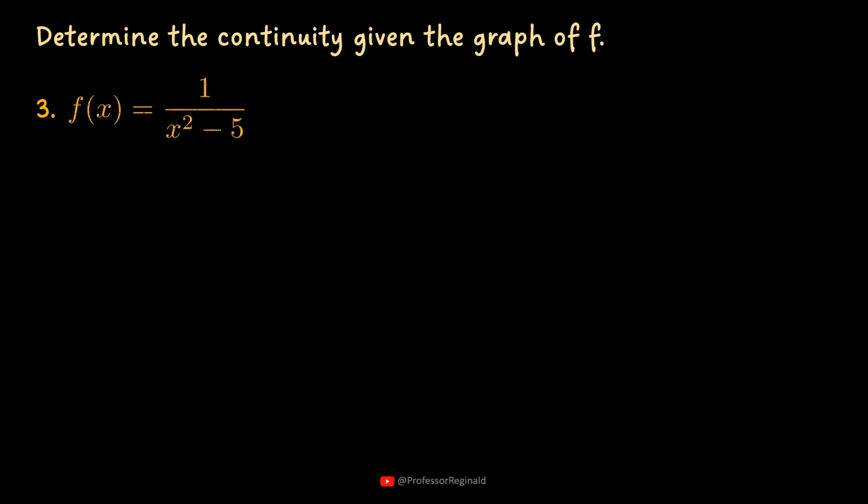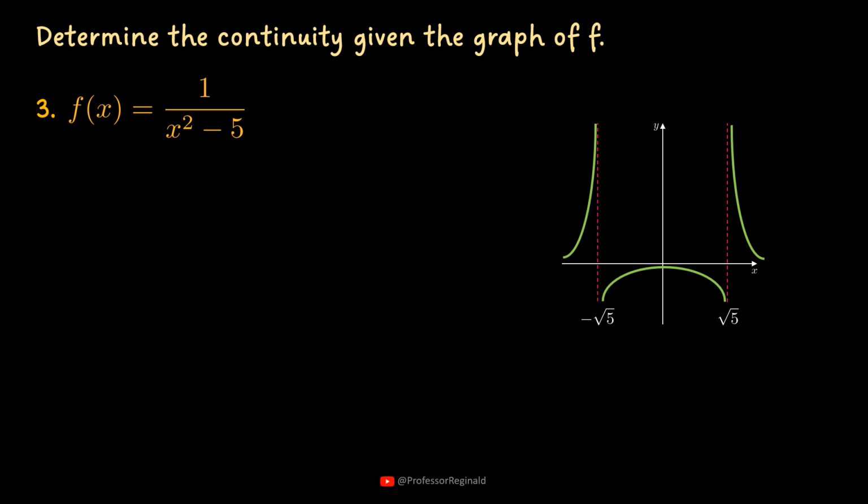Determine the continuity given the graph of f. Number 3. f of x equals 1 over quantity x squared minus 5. Solution.